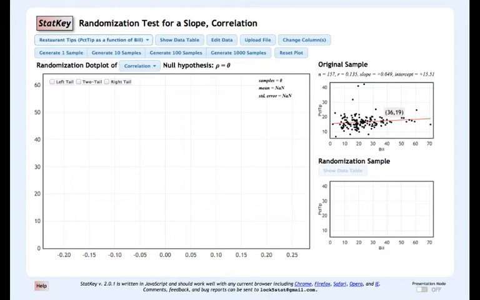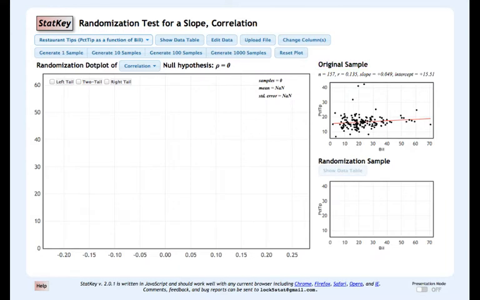We can see from the original sample over here to the right that it looks like the correlation is very slightly positive, but not very strong. So we're not going to change our alternative hypothesis, of course. We can't do that after we look at the data. So we're going to go on with a two-sided test.